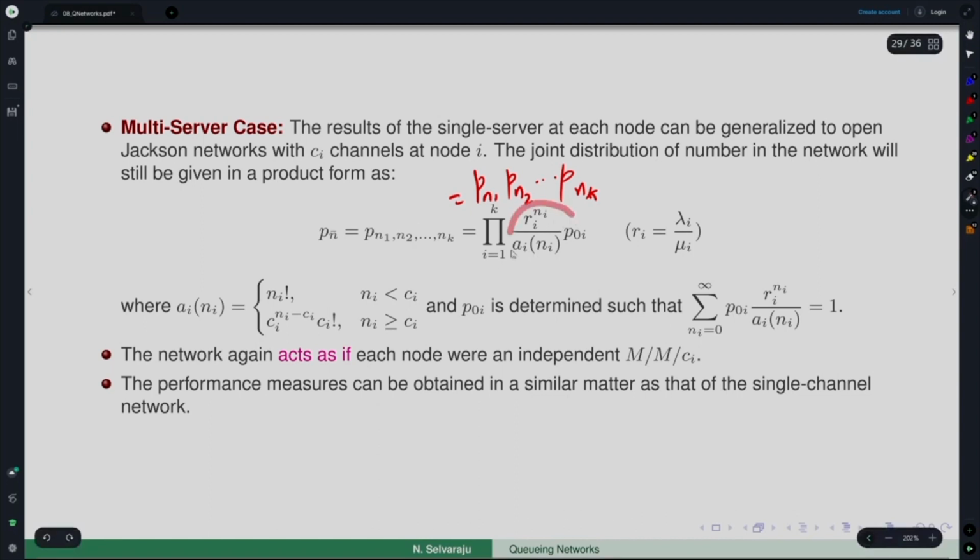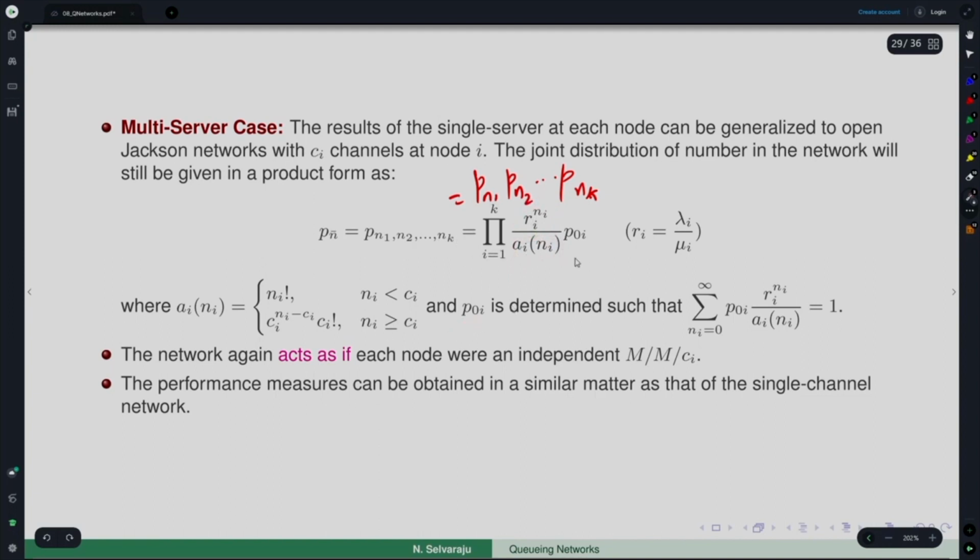That, as you know, is given in terms of the corresponding P0i, and where Ai of Ni, just to write it in a simple way, is either Ni factorial, or Ci factorial times Ci to the power Ni minus Ci. That is what would have been the difference in this particular case, as you have seen earlier.